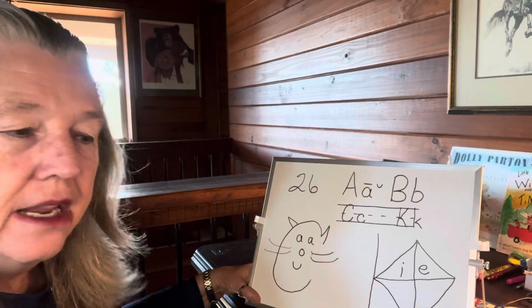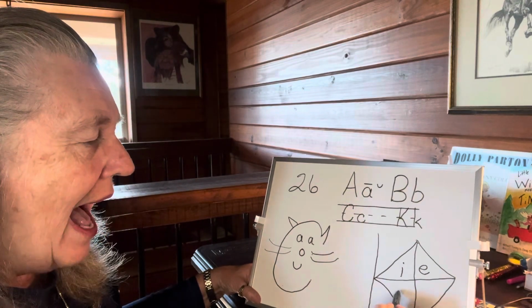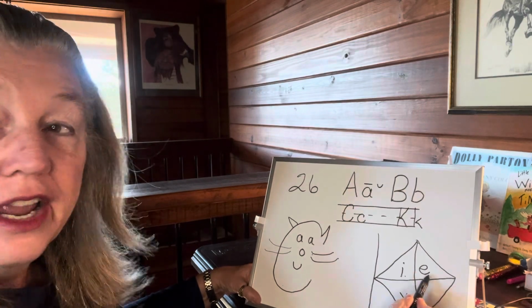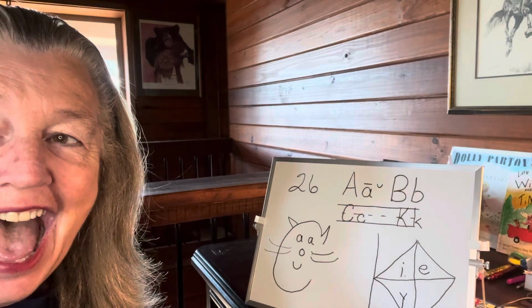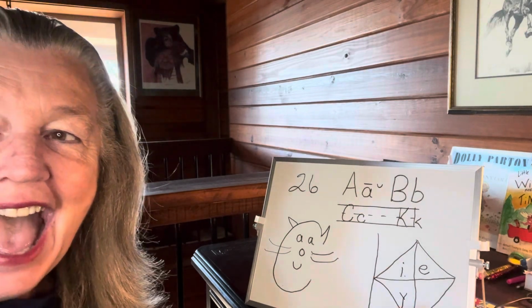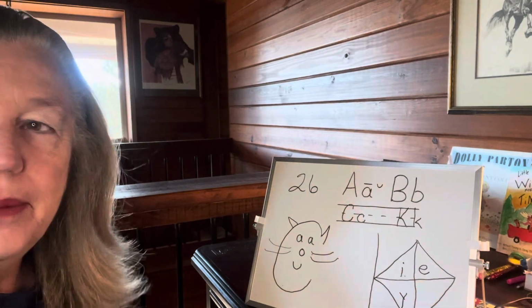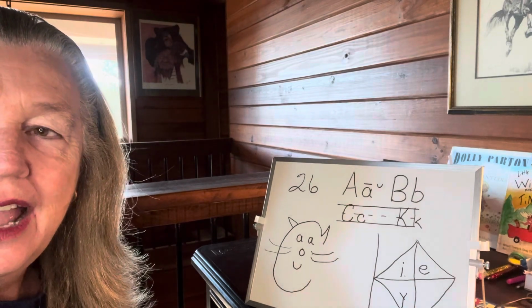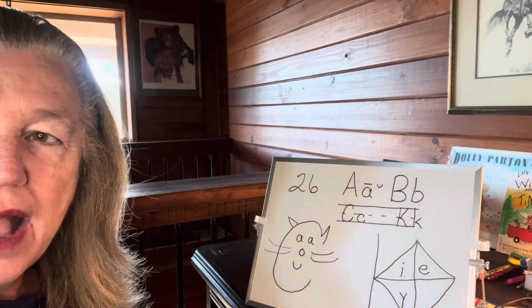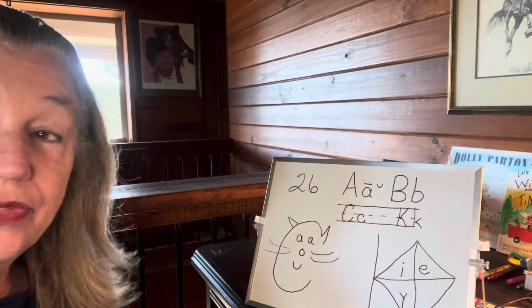You use a K. And then sometimes Y. When it sounds like an I or an E. Like Kylie would be a K. K. It'd be a Y. K-Y. Got that?